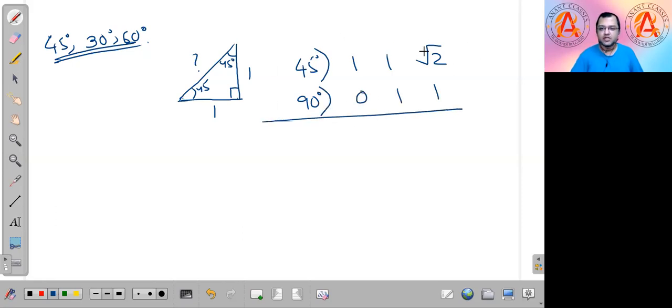Now see, using this method, I can calculate my triple for 135 degree also. Can you calculate now? 135 degree triple?